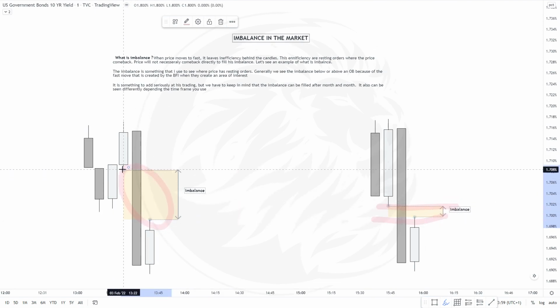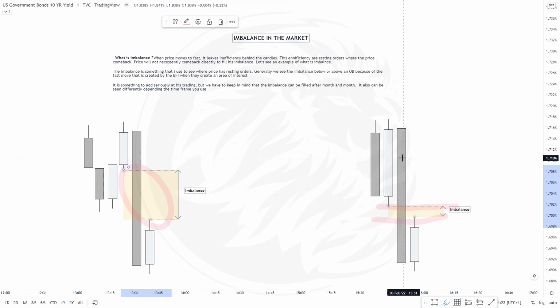So that's why sometimes price doesn't fill our imbalance when we are in a lower time frame, because price just fills its imbalance in a higher time frame and has the liquidity it needed to pursue the move. So it's really good to use, but you really have to backtest it and work on it to be able to see when you need your imbalance.